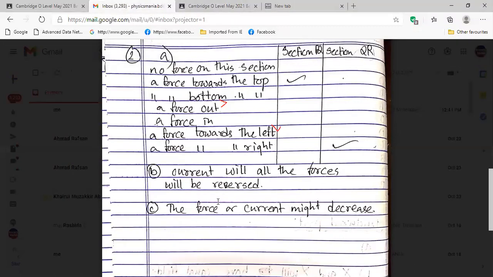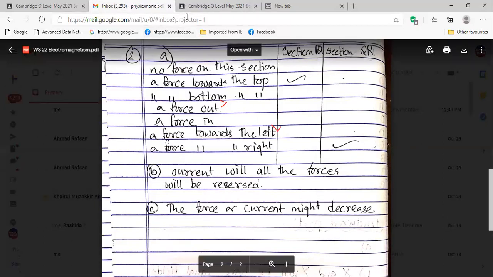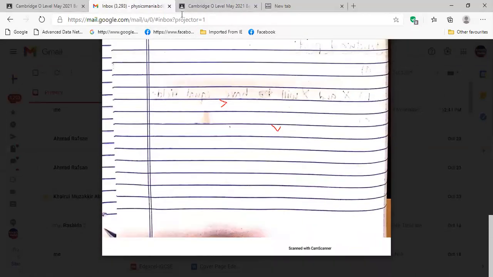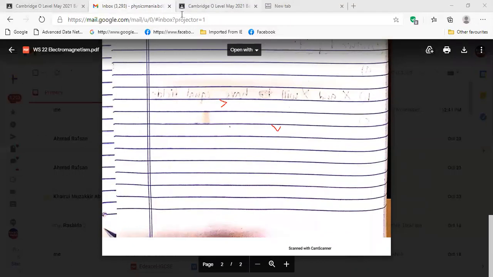The force on the wire will be less, or decrease, not the current. Current is already mentioned in the question. So the worksheet is done. Yes, sir.